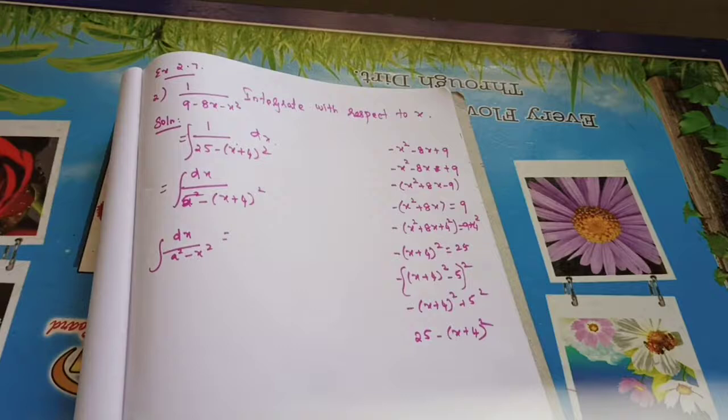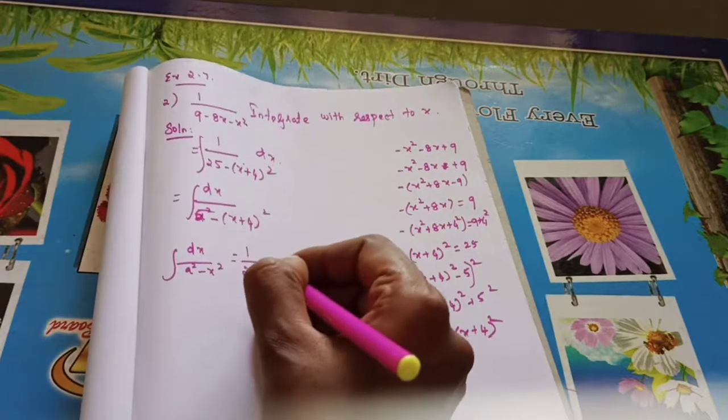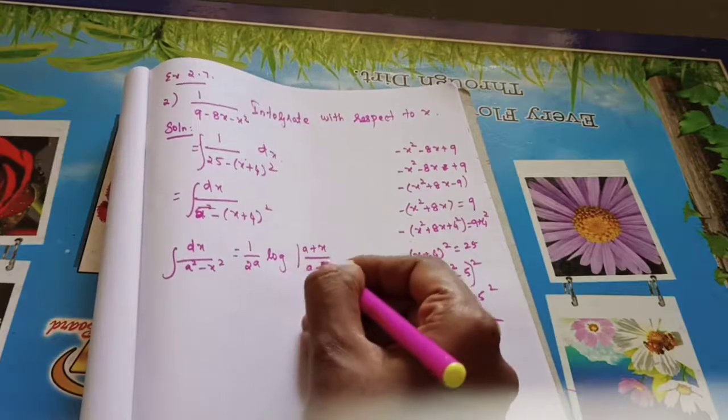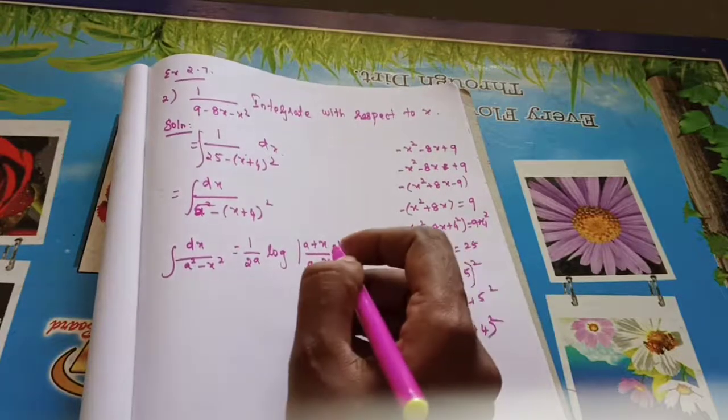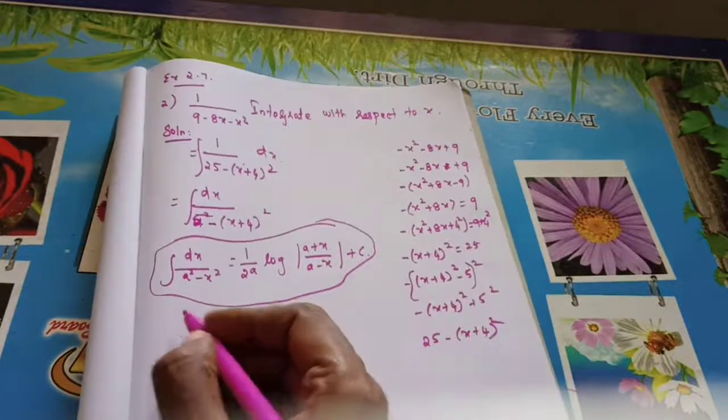What's the formula you have learned? Integral of dx divided by a square minus x square is 1 by 2a log of modulus of a plus x divided by a minus x plus c. Now apply the formula here.